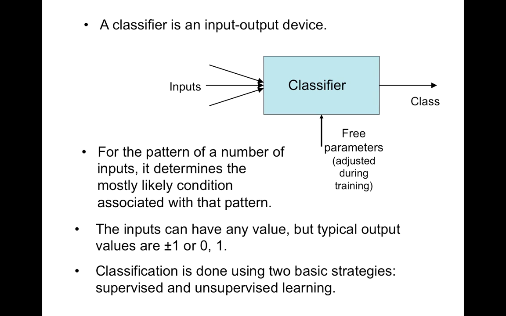The inputs are also often referred to as features. They're something that you've calculated from your data set. Typically they are not raw data, although they can be. So part of the biomedical signal processing role here is to take the data set, do the appropriate signal processing, and come up with a set of features.